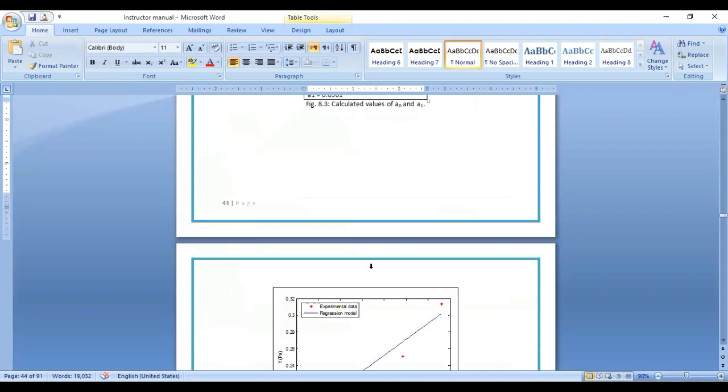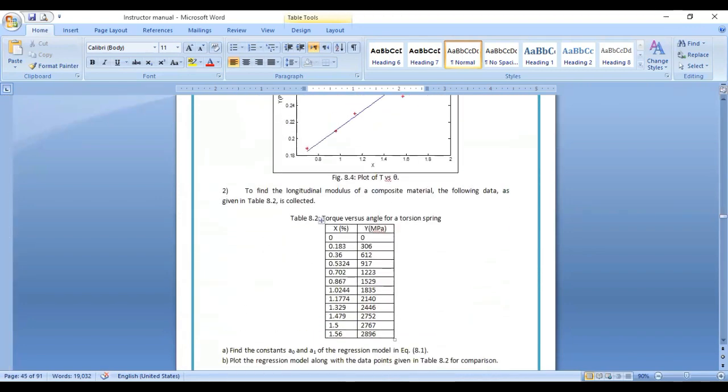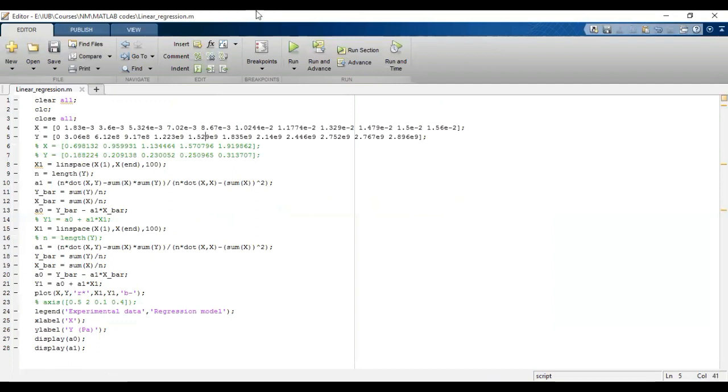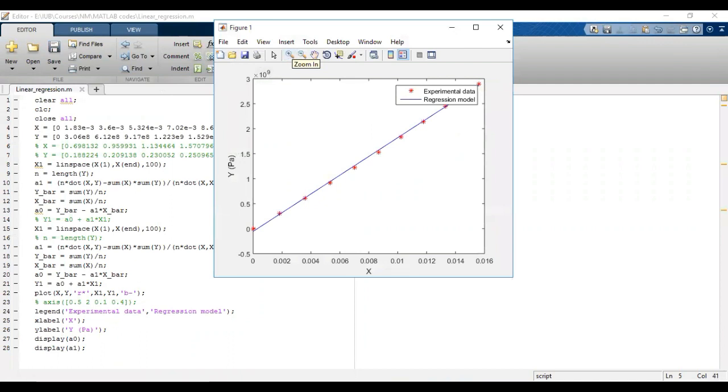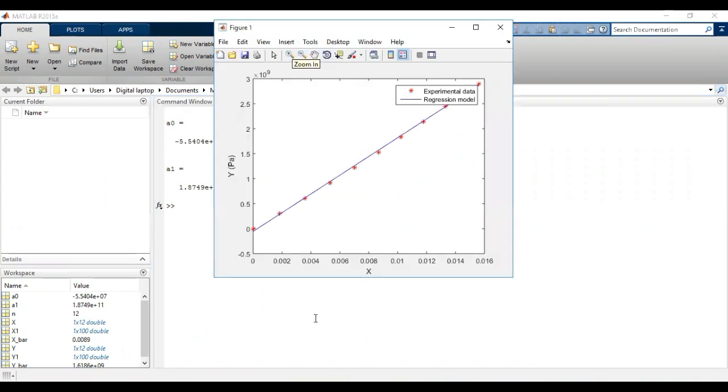This was my first data set. This is my second data set, x and y, and now I am using this data set to calculate the regression coefficients. These are our coefficients a0 and a1, and you can see their values, and this is our plot of the regression model on top of the experimental data.